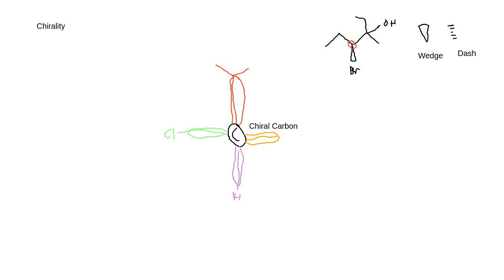Okay, so these 2 are chiral because they contain 4 unique bondings, while all of these carbons don't have unique 4 bondings.